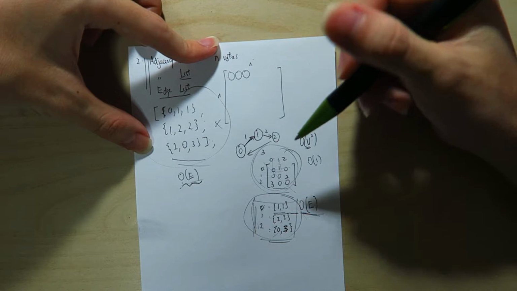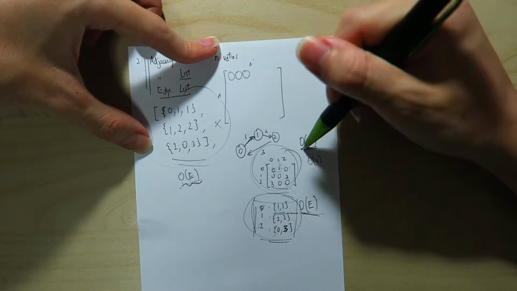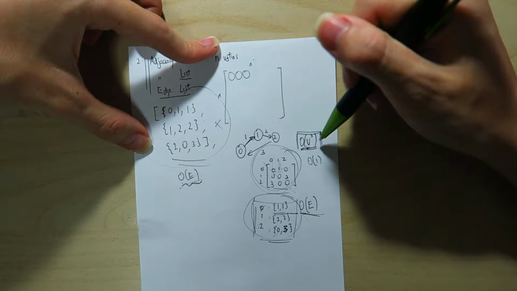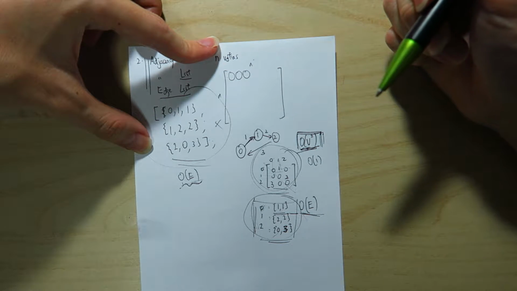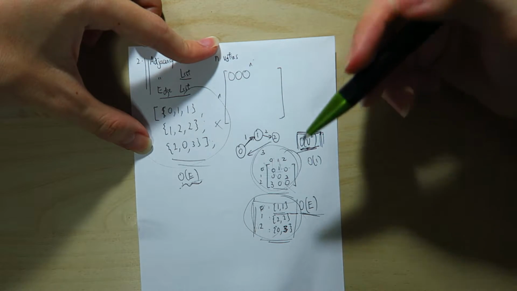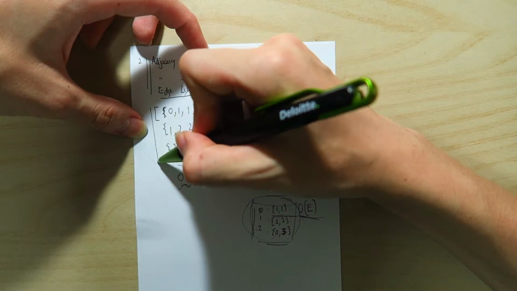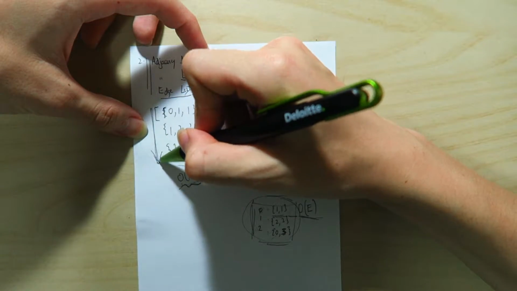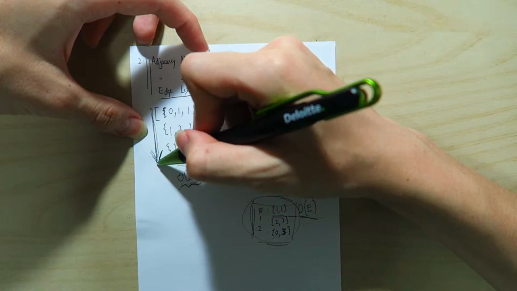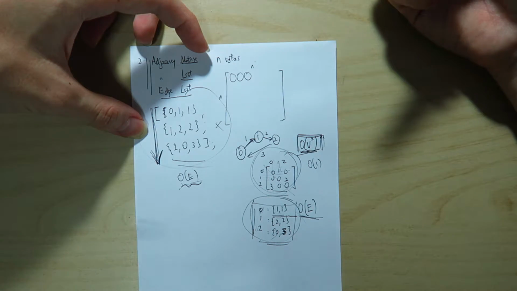But of course, the trade-off here is that for the adjacency matrix, you need much more space to store. So you need O(V squared) amount of space. Sometimes if you only need to keep iterating through edges, which we'll see in the future when we do minimum spanning trees, then edge list may make sense.